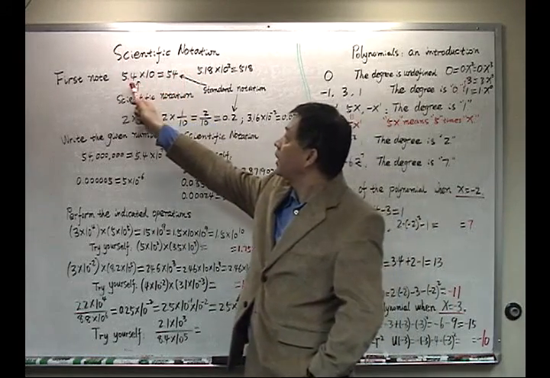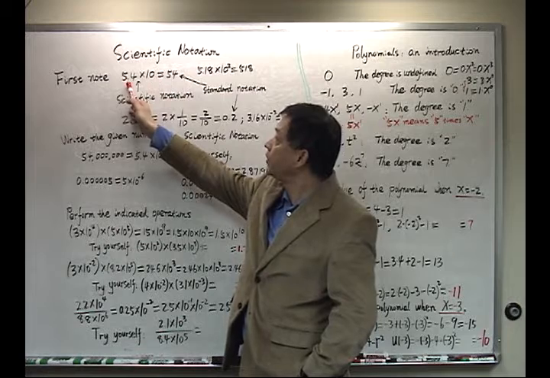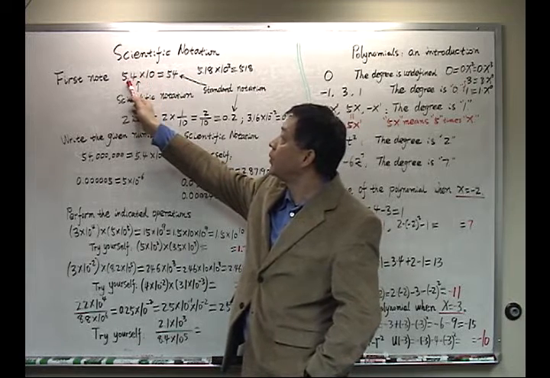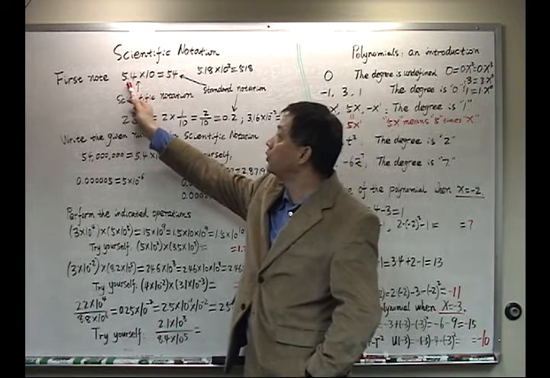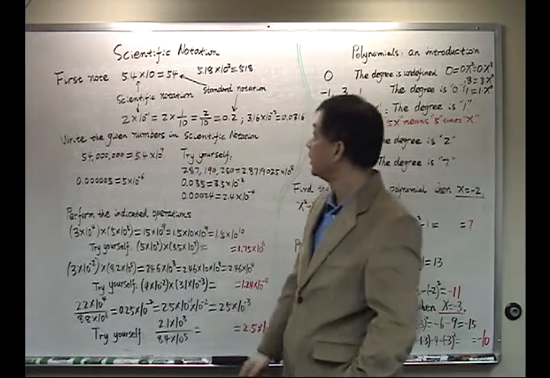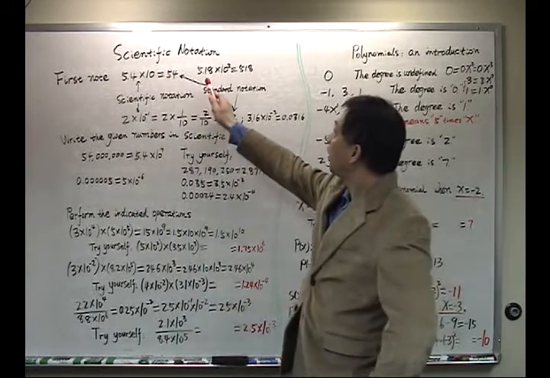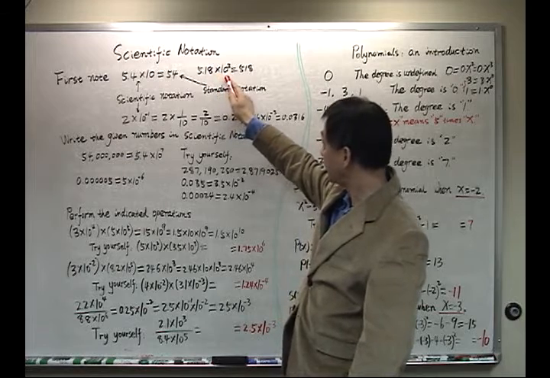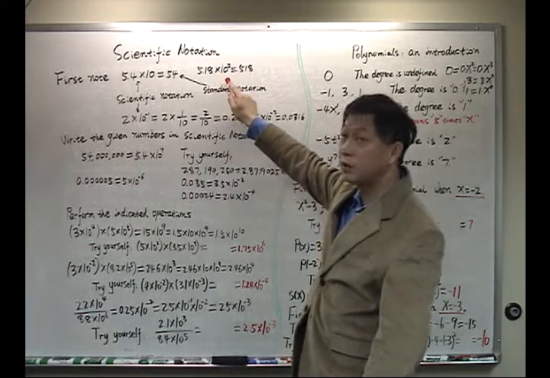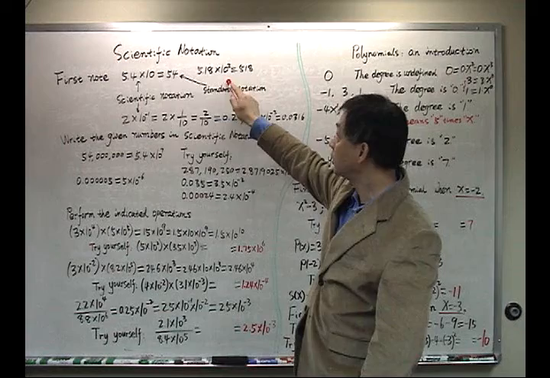Now, from here you can see 5.4 times 10 is actually one digit to the right. You have a 54. You move the decimal point one digit to the right. Now, for 5.18 times 10 squared, we know 10 squared is 100.